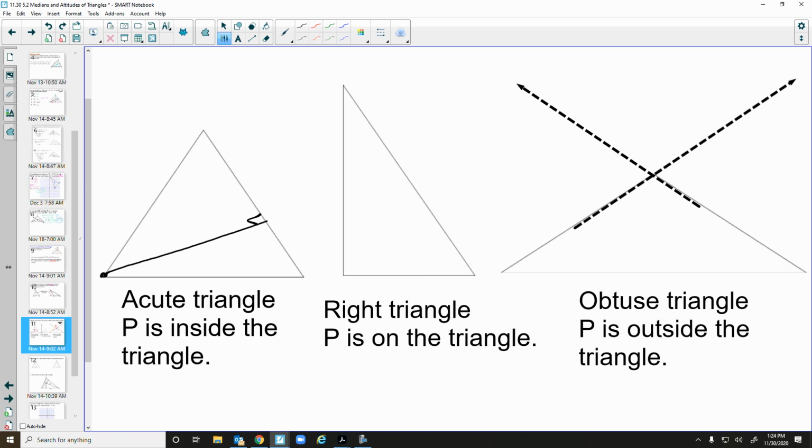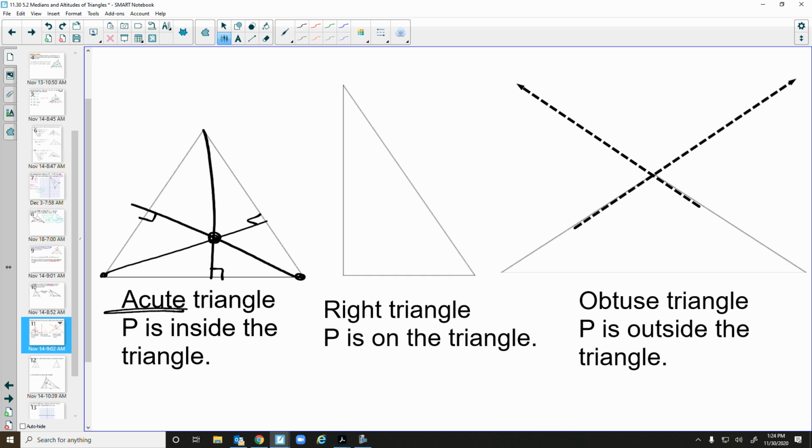It has to go from the vertex to the opposite side, creating a perpendicular angle. It doesn't have to bisect the side. It doesn't have to bisect an angle. The only rule is it goes from the vertex to the side, forming a perpendicular line.